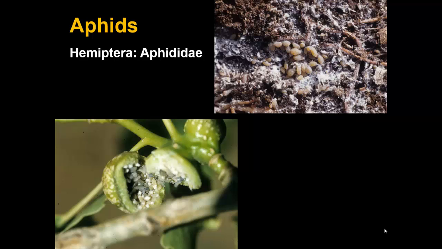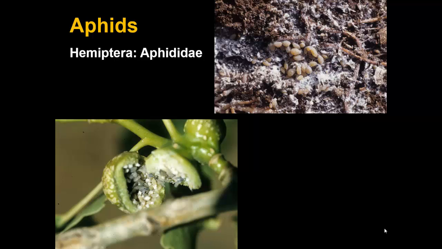Now, the Cooley spruce gall is produced by an insect called an adelgid, a woolly aphid, and technically it is not a true aphid. That's a different family. There are true aphids that also produce galls.